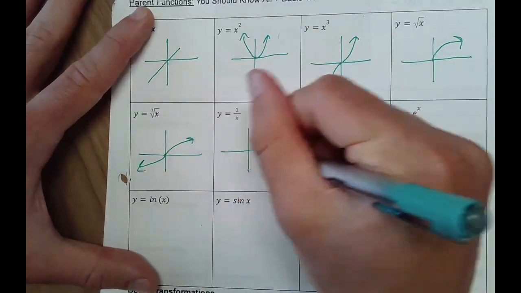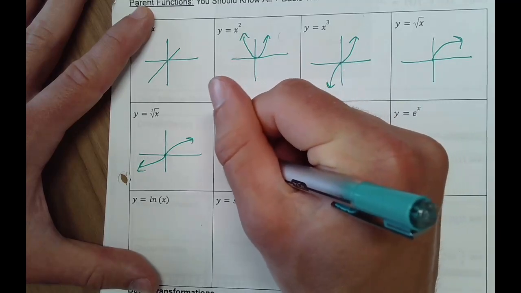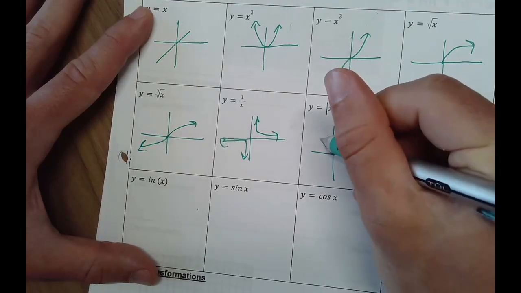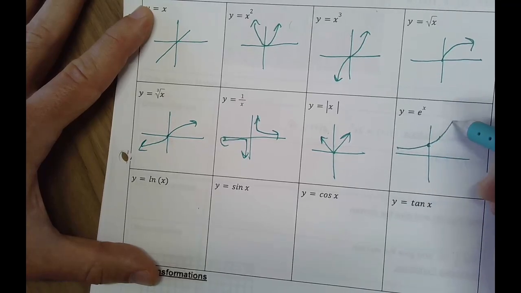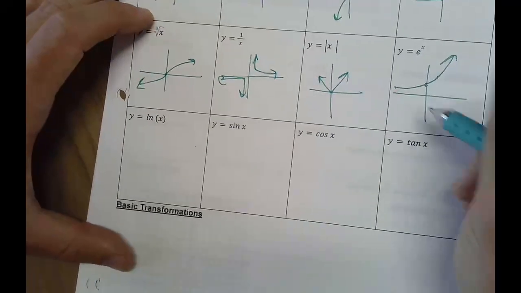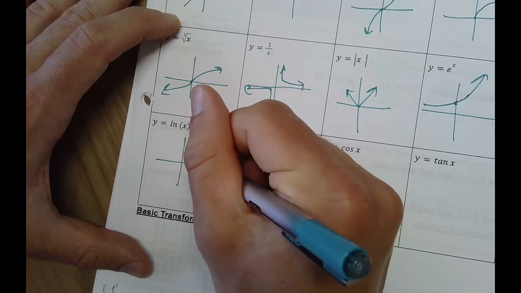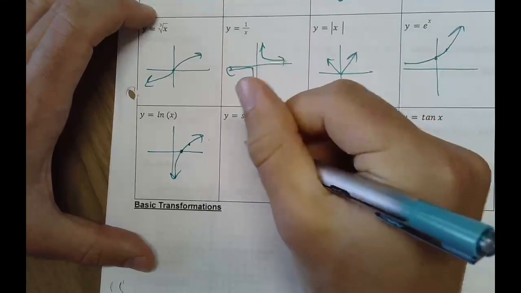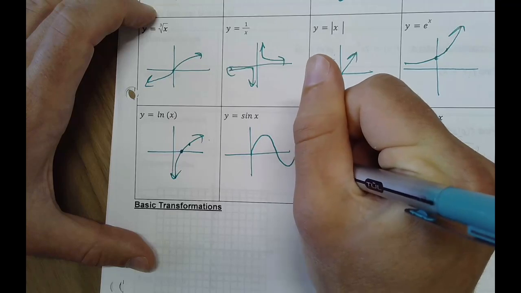We have 1 over x, which approaches infinity at 0, and then approaches negative infinity at 0. We have absolute value of x, which is that V shape. We have e to the x, which intersects 0, 1, and then 1, e. We have ln x, which intersects 1, 0, and e, 1. And then we have sine x, which starts at 0, goes up to 1, comes back to 0, goes back.